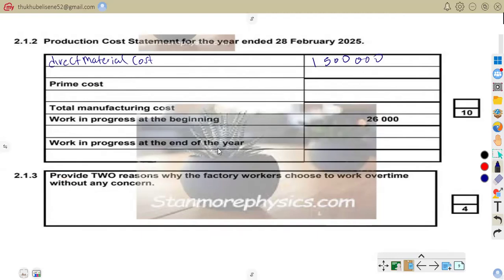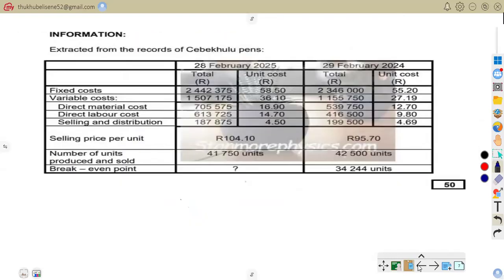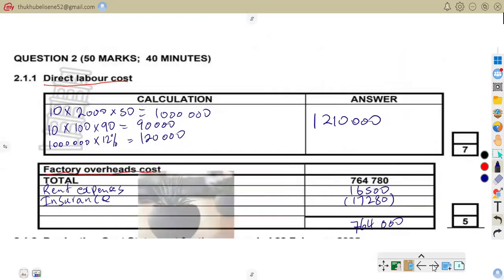1,500,000. Then we are to calculate direct labor cost. Our direct labor cost, if you can still remember, we calculated it earlier. Here is our direct labor cost. How much is it? It is 1,210,000.